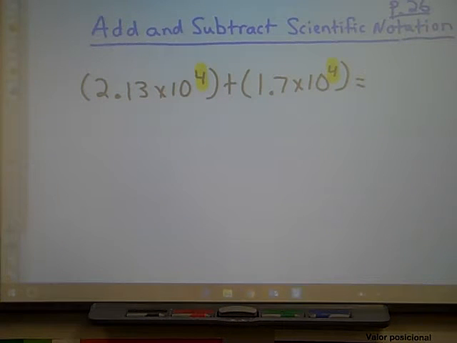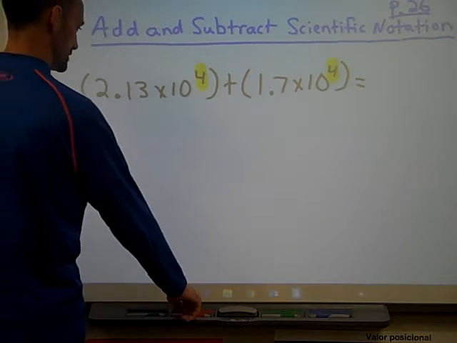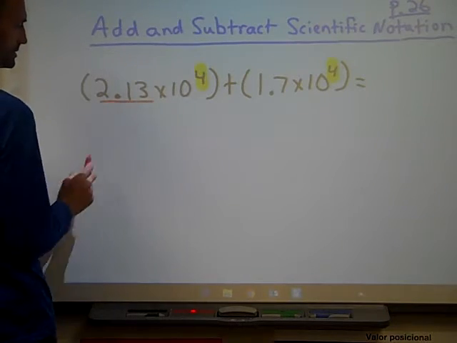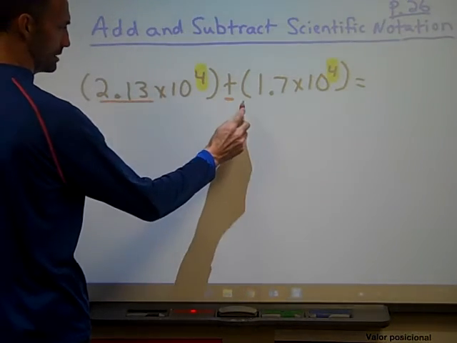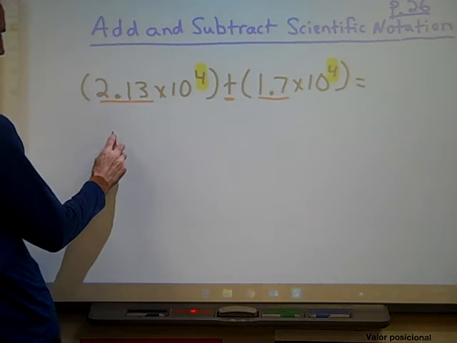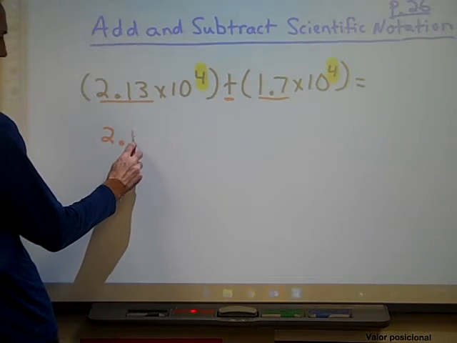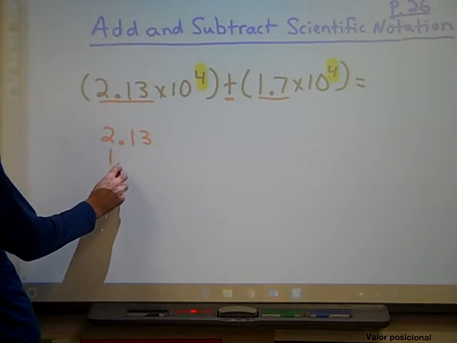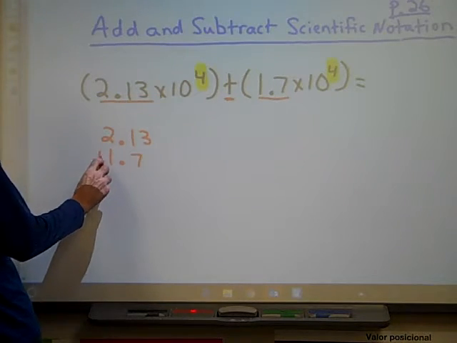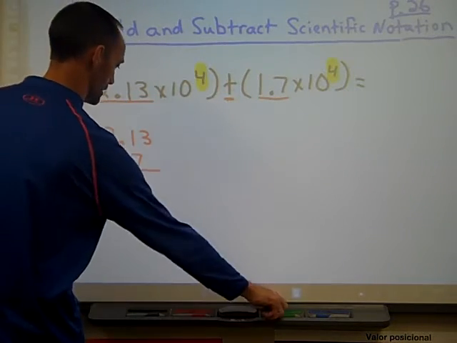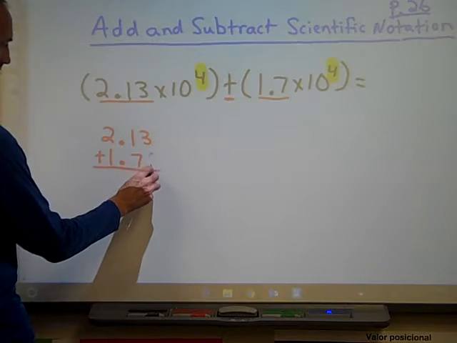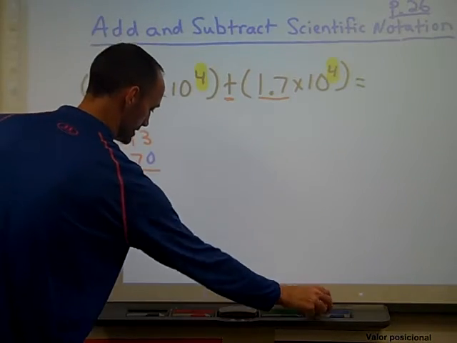Less work for me to do. So I take the number up front, 2.13, plus 1.7. And thinking back to our rules with decimals, we have to line up the decimals when we add. I'm going to put a 0 right there in the empty spot.